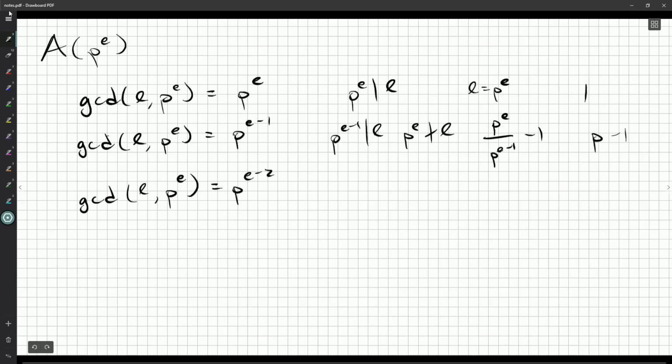Or it could be p to the e minus 2. And so you'll need L to be a multiple of p to the e minus 2, but it can't be any of the p multiples of p to the e minus 1.